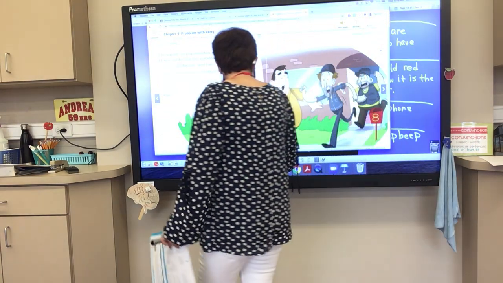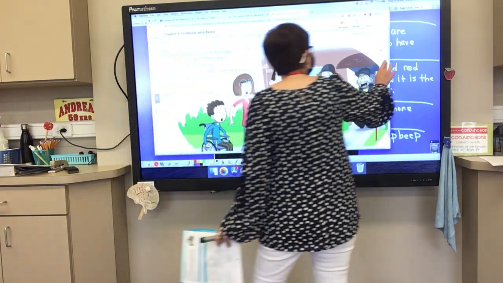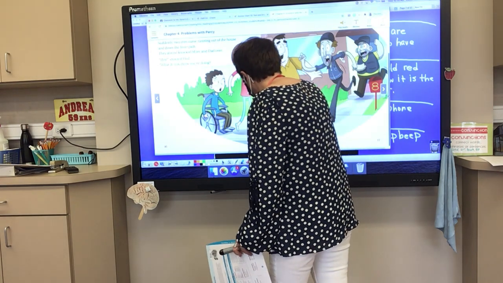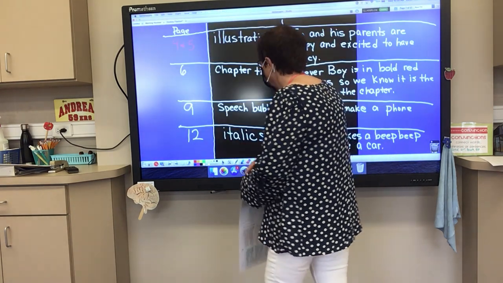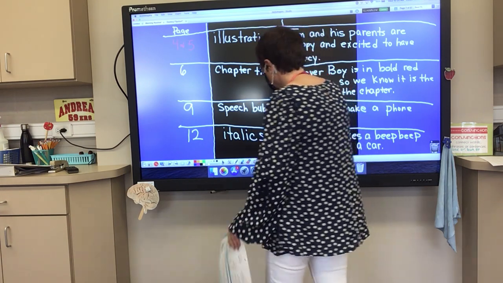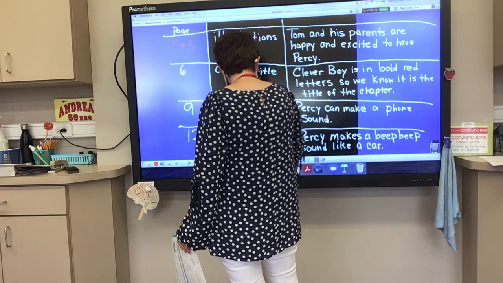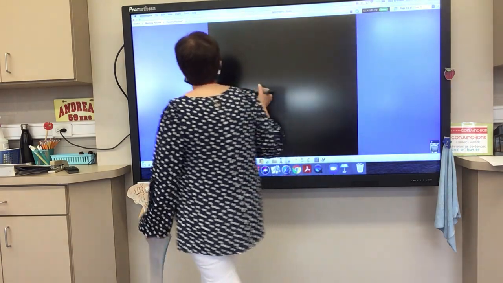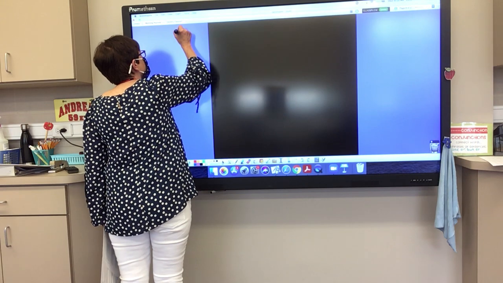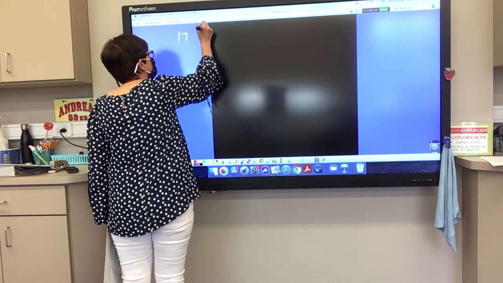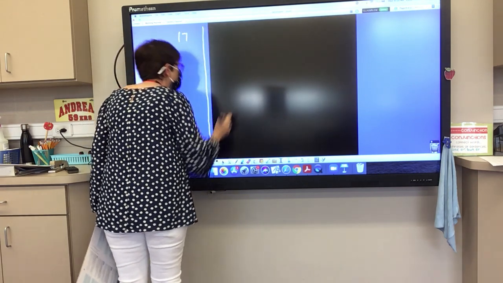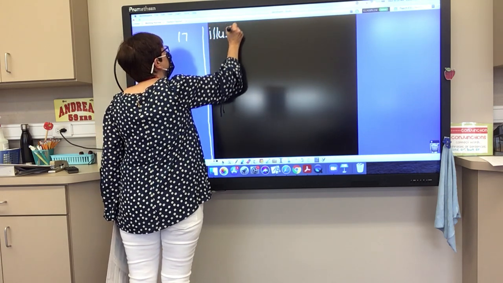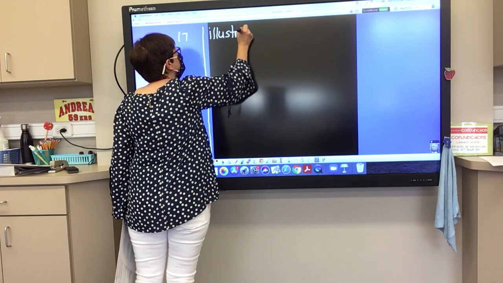So let's go to our graphic organizer. This is page 17. I'm going to have to start a new page. We'll look, that's an illustration.